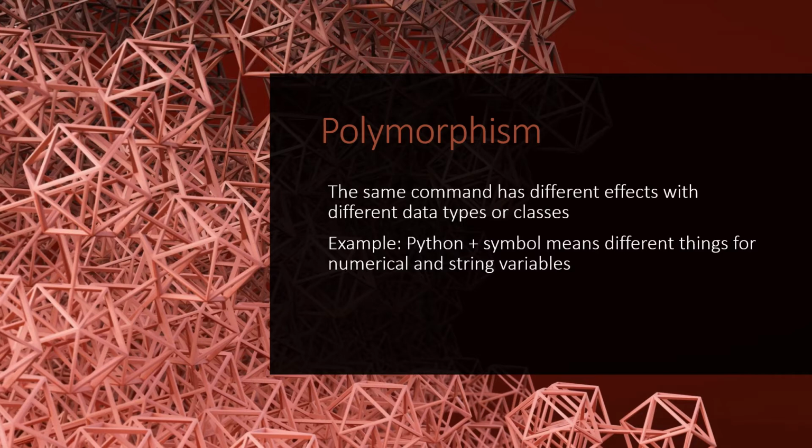So if you use plus to join two numerical values, Python will add the two values together. But if you put it between two string variables, then it will concatenate the two variables to create a larger string. And this is one of the reasons why we can't use plus to join a numerical to a string variable, because it has different meanings with each type of variable. So polymorphism is something that we've definitely come across before.